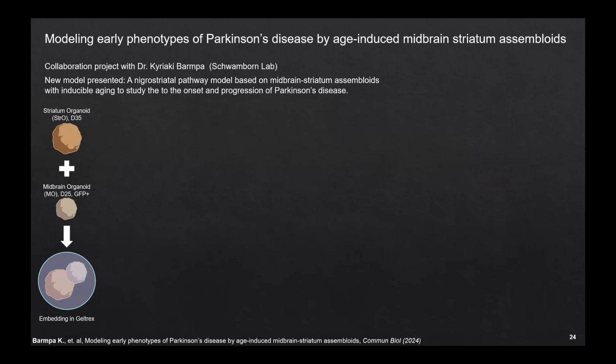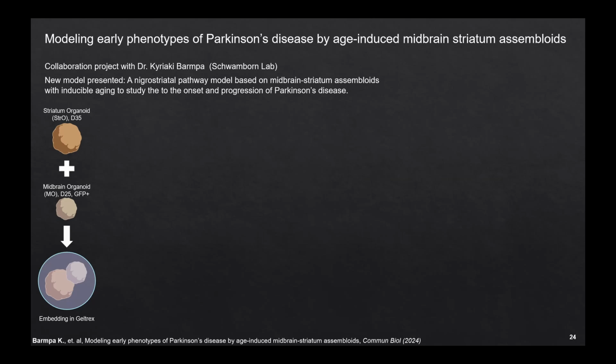And Geltrex is a basement membrane extract, primarily made of laminin, collagen type 4, entactin, and other things. So we have to improve a little bit our digestion steps in order to have this sample transparent.